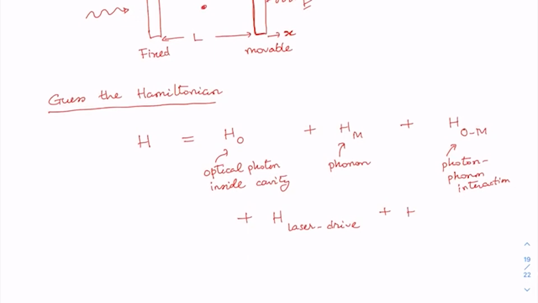So there will be a term responsible for all dissipative processes, let us say H dissipation. So these are the contributions that we'll have. Now let me explain these terms one by one.